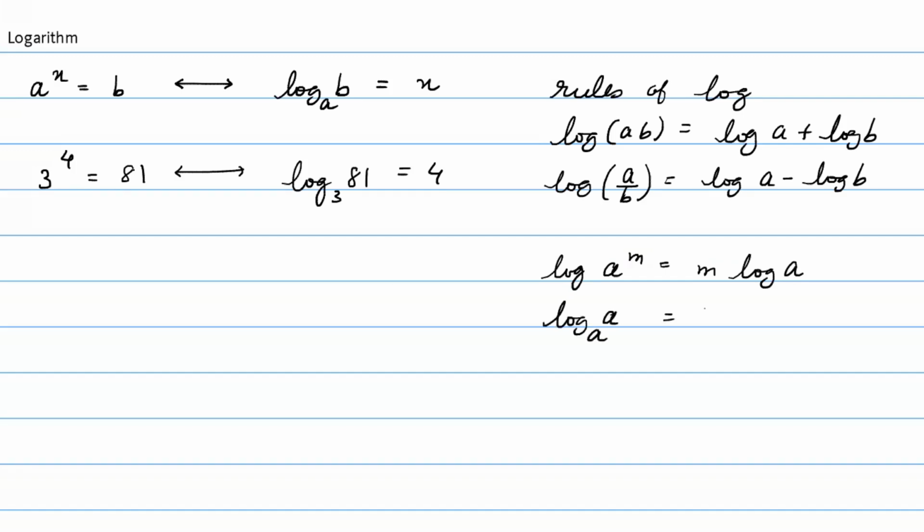Log a to the base a is 1. Log of 1 to any base is 0. And when you have log a to the base b, that is log a to base c upon log b to base c. So this is called change of base.